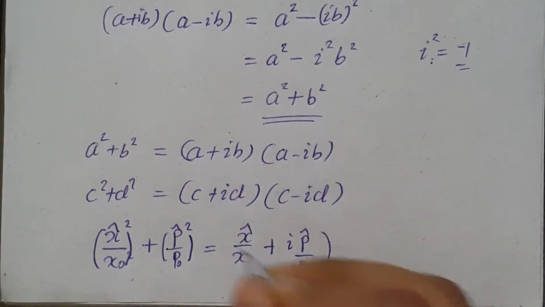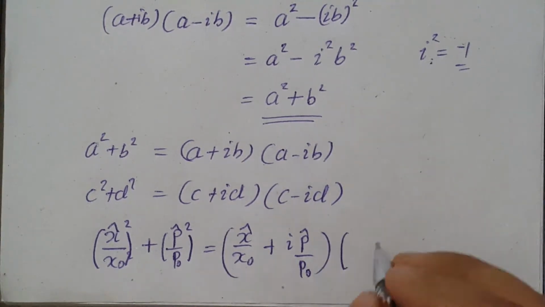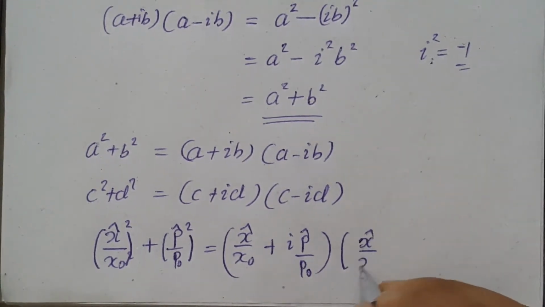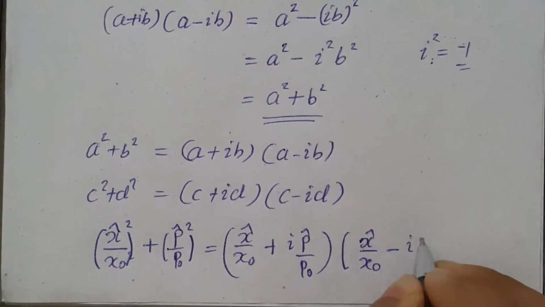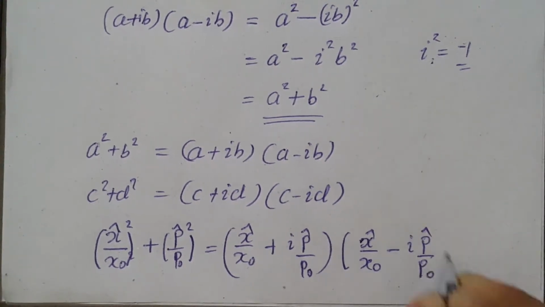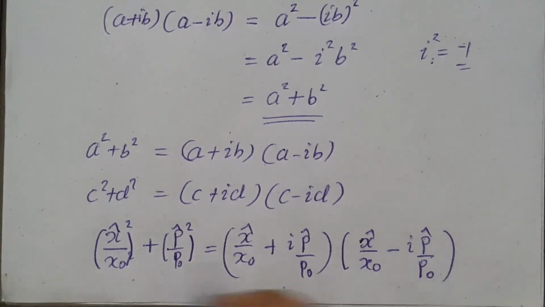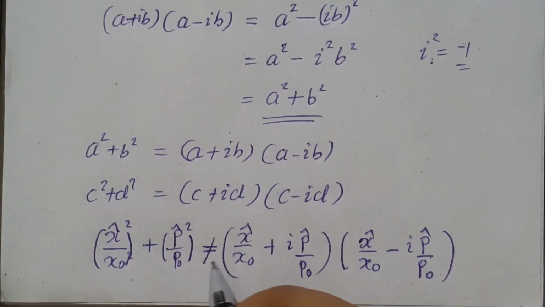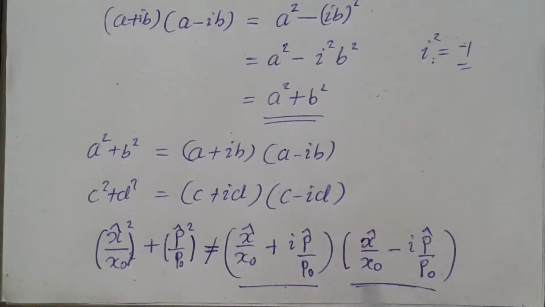This is a plus ib. Now this times a minus ib, x cap by x naught minus i p cap by p naught. But when you do this, this is not what you will get, so this will not be equal to this. How is that possible? It is because these are not normal numbers, right? These are operators, so they will have different properties. However, let us try what this will give us.